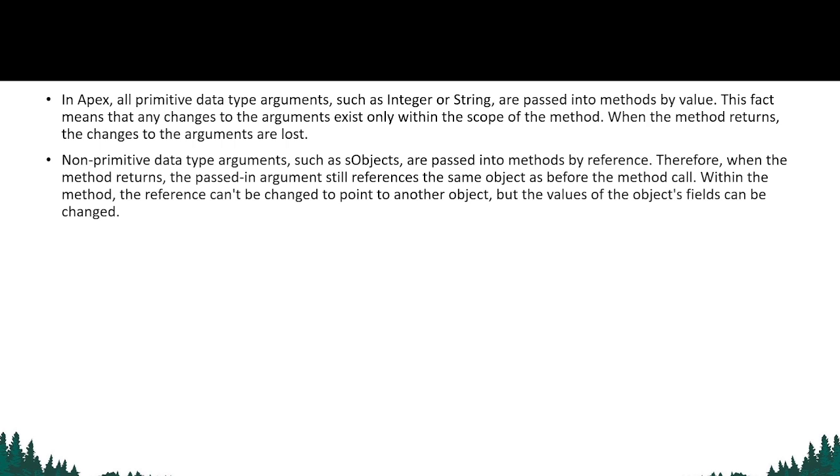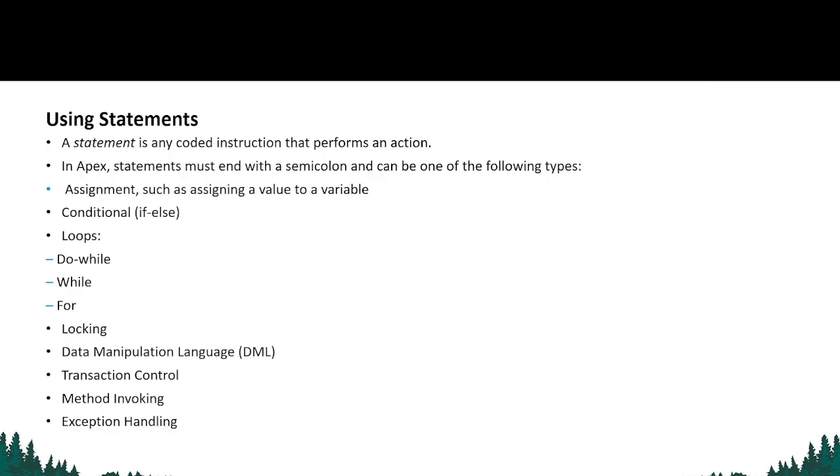So if any error occurs, we can easily find the error messages and correct them. Whenever we are talking about the method, the reference can't be changed from one object to another, but the values of that particular object's fields can be changed. The reference is already stored in the metadata, so that cannot be changed.